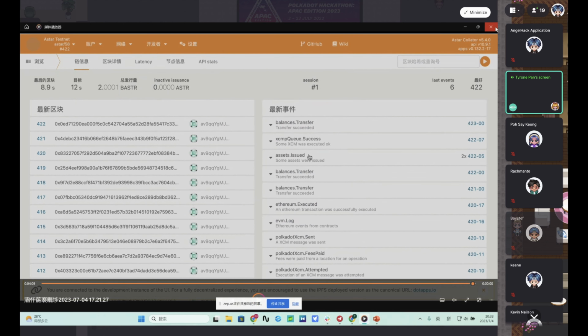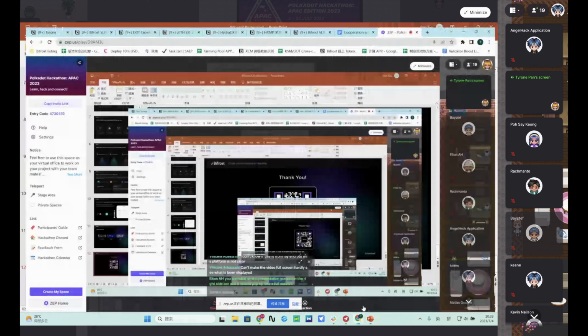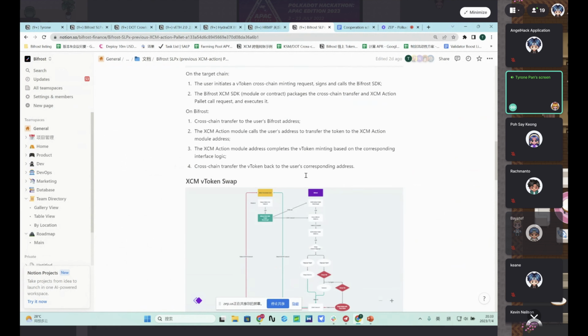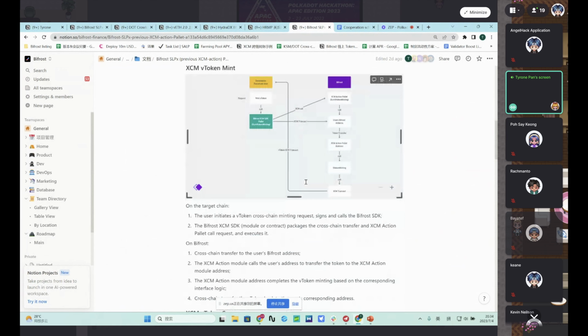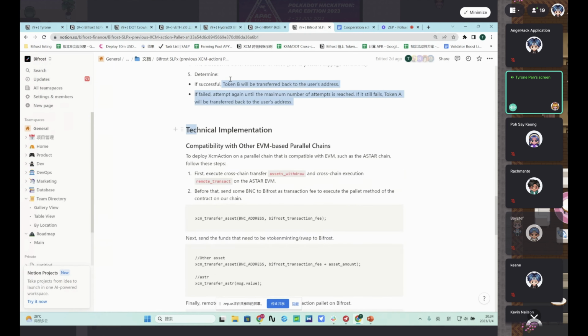All right, sorry. There's a documentation of SLPX. There's some logic on the product front and some details of the technical implementation.